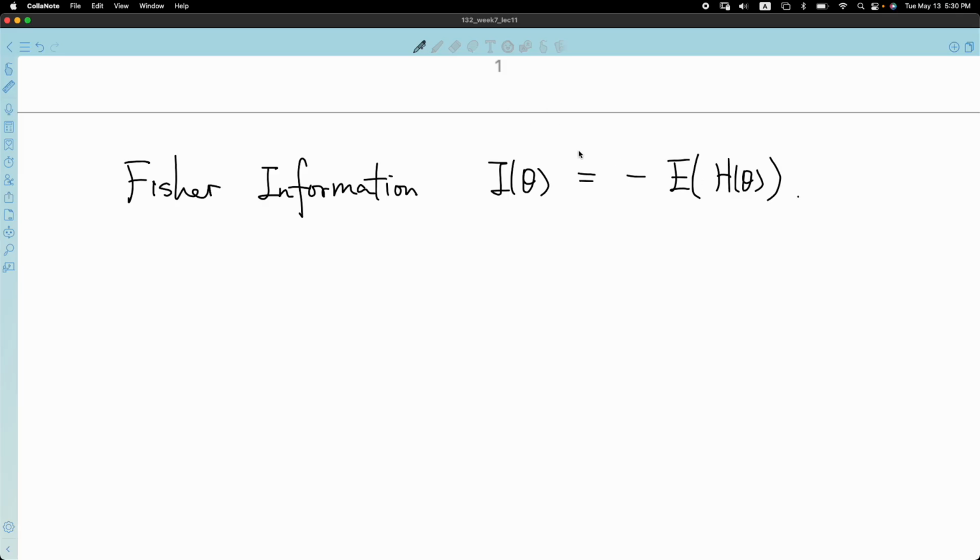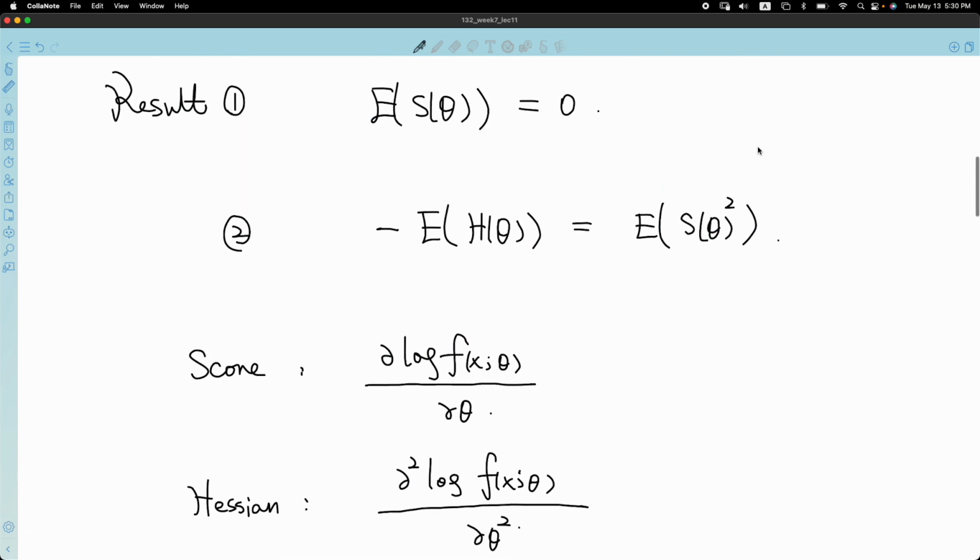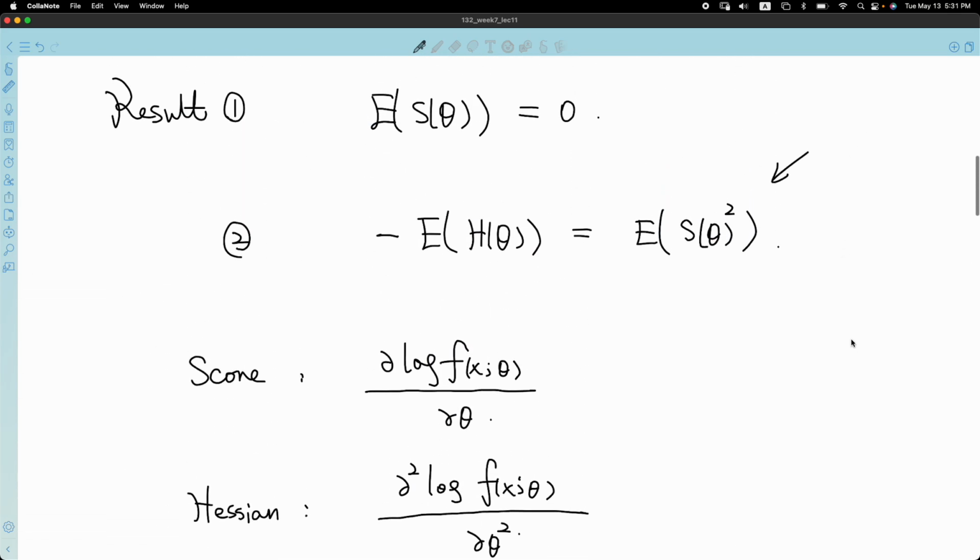This is the definition. By the end of the lecture we ended up with this result, and I call the left hand side your Fisher information. This term that shows up in our result is called Fisher information. Any question? It's just a definition thing.